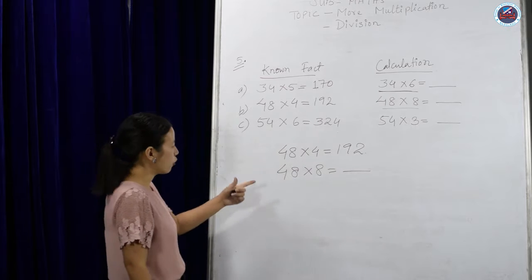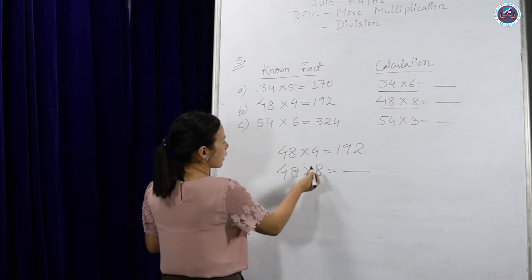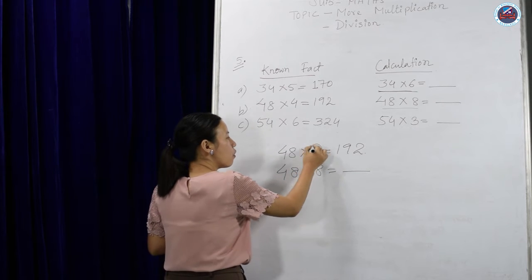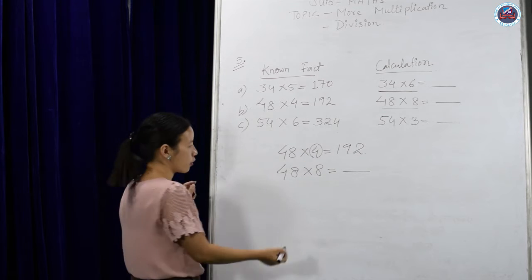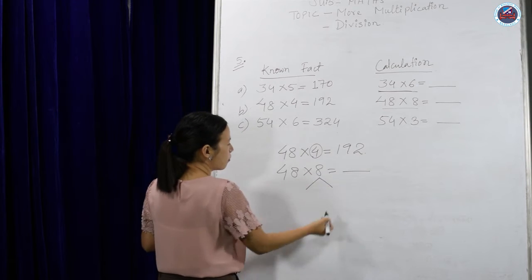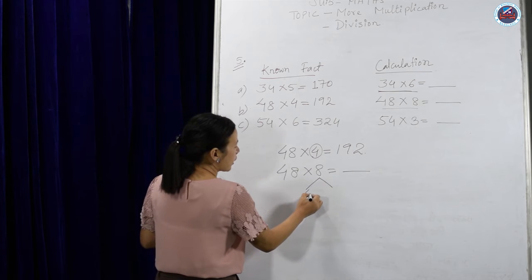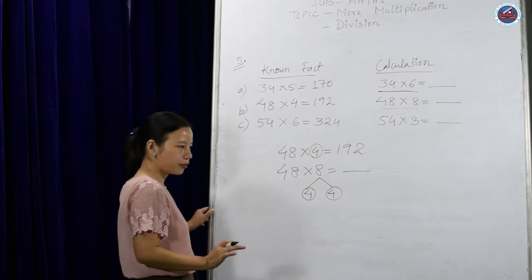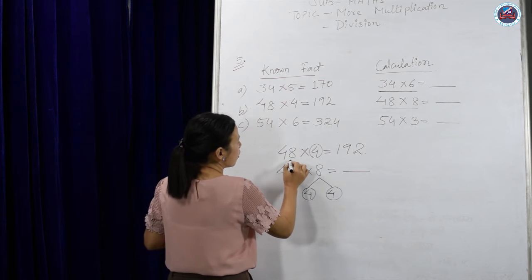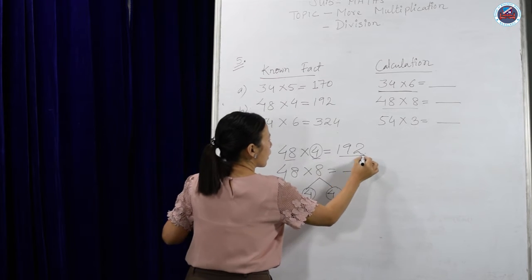Right? So how do we do here? We know that double of 4 is 8. So I'm going to split this number 8 into 2, double it, that is 4 and 4, together makes 8, right?